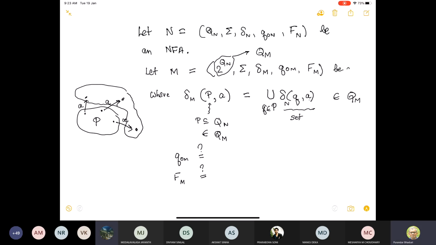So it should be equal to the initial state of the NFA. It cannot be the initial state of the NFA. It has to be a set, not a power set. It has to be a set containing the initial state of the NFA, right?